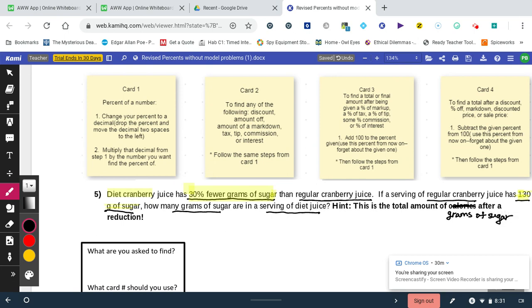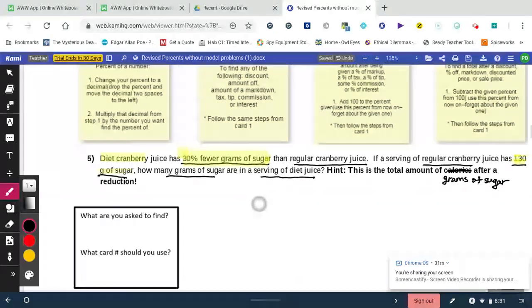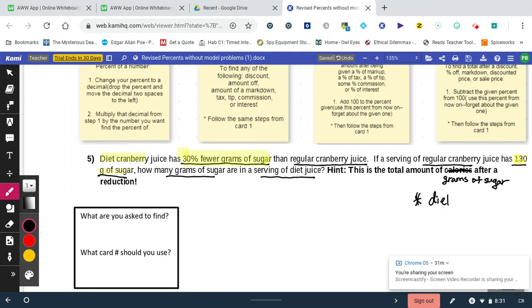after some reduction. Well, what do I mean by some reduction? Well, for diet juice, it's a 30% reduction than the normal. Okay? So I'm going to make a little note of that. Diet juice has 30% fewer grams than regular.